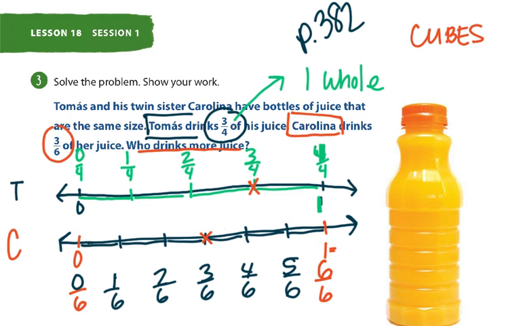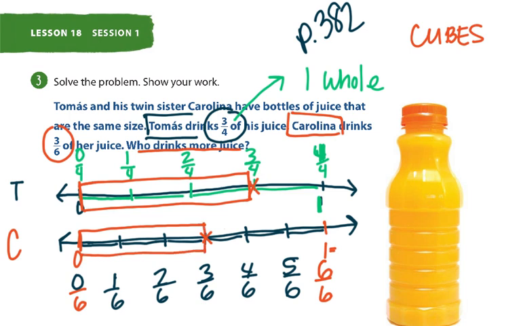Okay, I'm ready to draw a box to see if these are equivalent or if one of the kids drinks more. So I'm just going to draw a bar. Starting at 0, going to X marks the spot. Okay, I can see by my drawing who ate more or who drank more juice, Freya. Tomas.